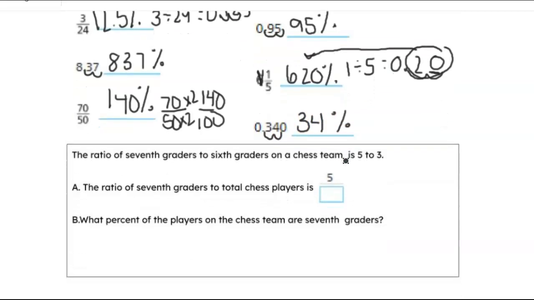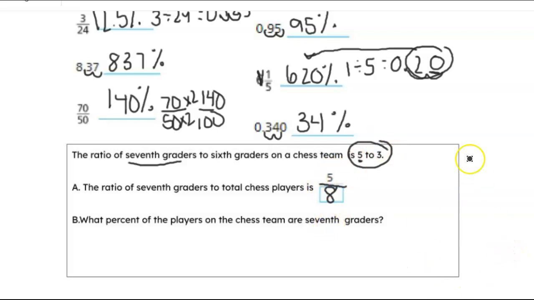Then our last section down here, the ratio of 7th graders to 6th graders on a chess team is 5 to 3. So since 7th graders is listed first, the 5 is the 7th graders. The 6th graders is second, so the 3 is the 6th graders. The ratio of 7th graders to total chess players is, so if we find the total, we have to do 5 plus 3, that is 8. So we have 5 over 8.